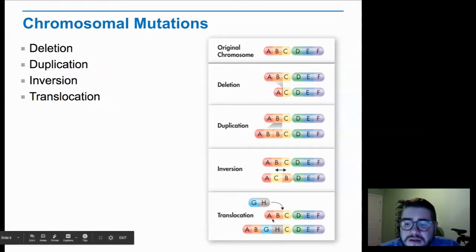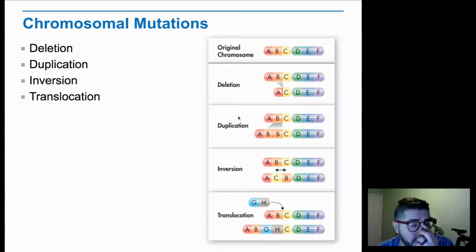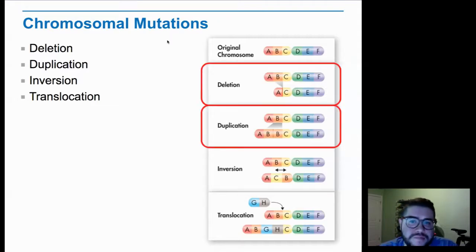And a translocation would happen if a piece from a different chromosome, let's just say this was chromosome 1, and a piece from chromosome 5 came and switched places and inserted in here. That would be a translocation mutation. All of these have far-reaching effects, and generally the chromosomal mutations are more dangerous than a point mutation.